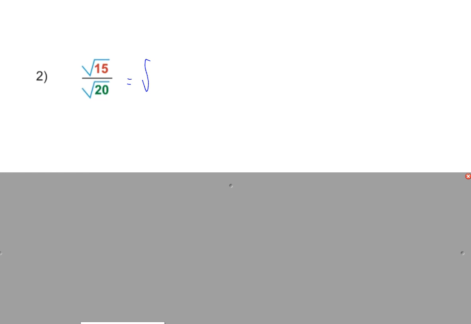So hopefully you put it back together as 1. Said, oh, I can reduce. 15 is a 3 times 5. 20 is a 4 times 5, and my 5s divide out.